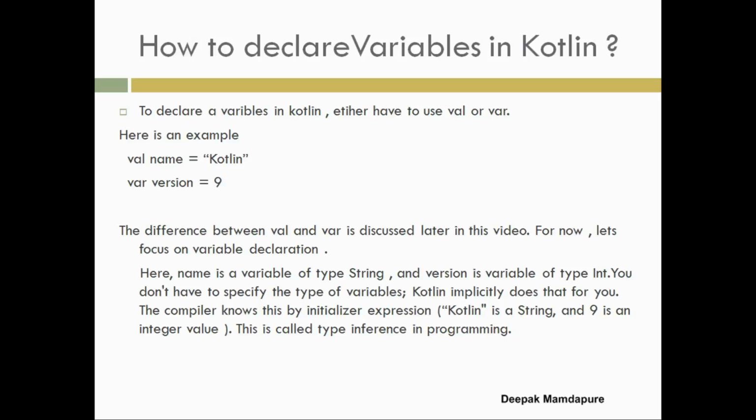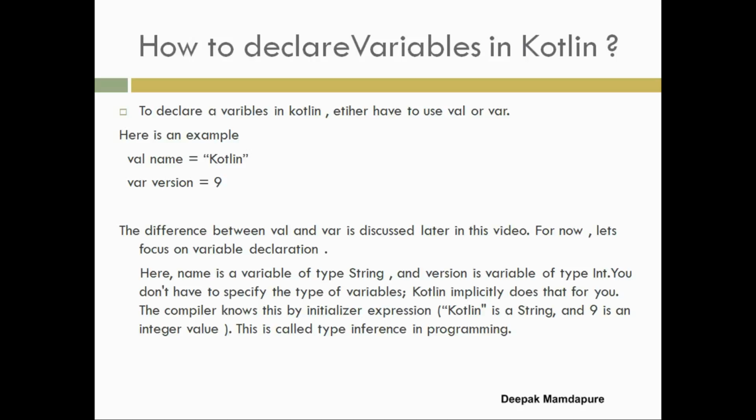So if we give any value in double quotes, then the compiler knows it is a String. And if a variable contains a numeric value, then the compiler knows it is an integer value. In programming languages, this is called type inference. So that is how to declare variables in Kotlin.